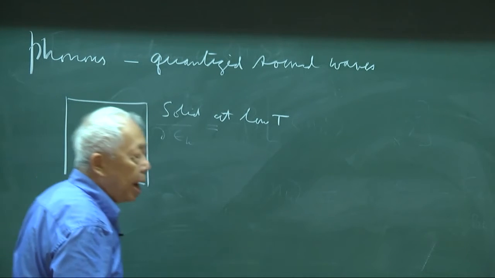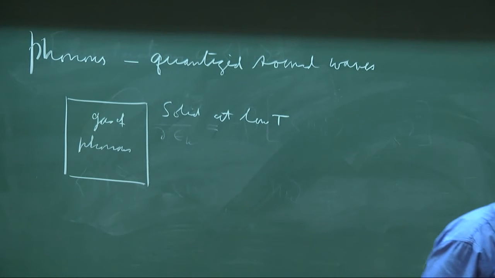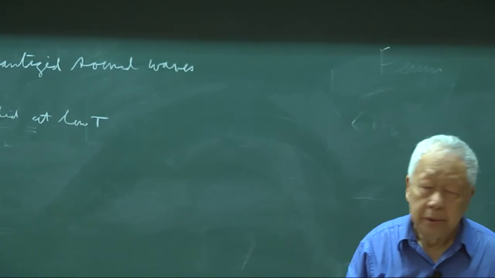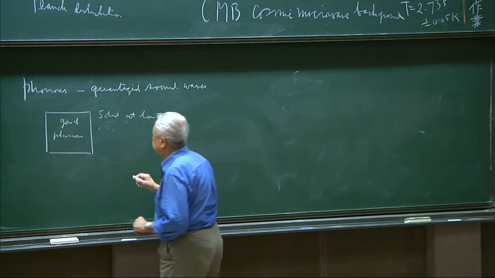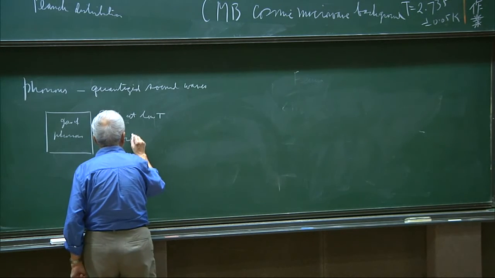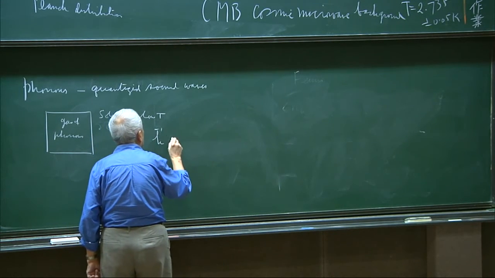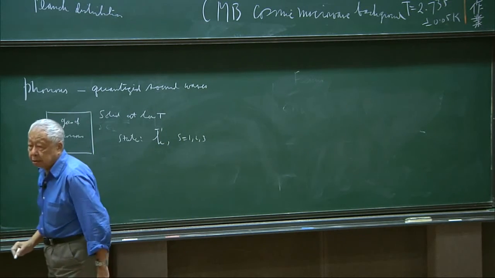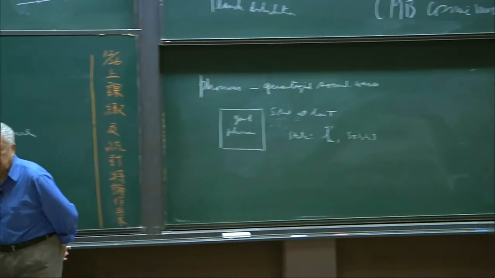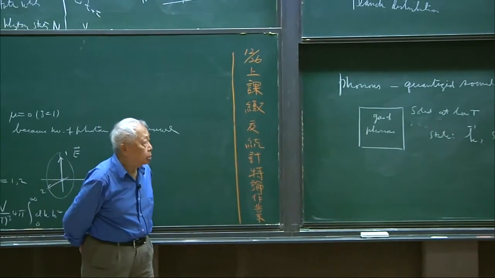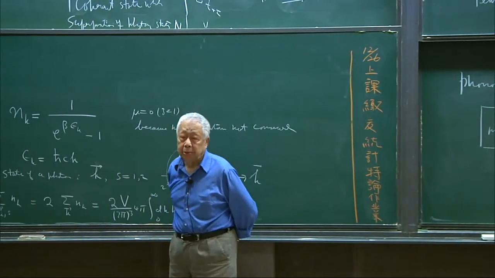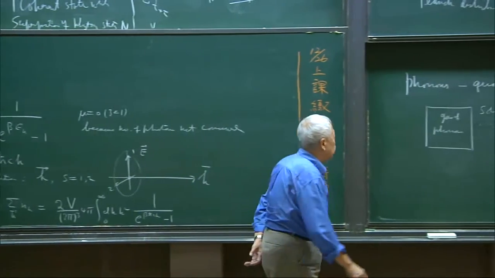That is, you don't see the atoms inside, but the only thing you see are the vibrations of atomic planes, and they generate sound waves. And those sound waves are quantized, and they are phonons. The state of a phonon is k and s equal to 1, 2, and 3, because they are not transverse, they're longitudinal. And you can treat them in a similar way as photons.